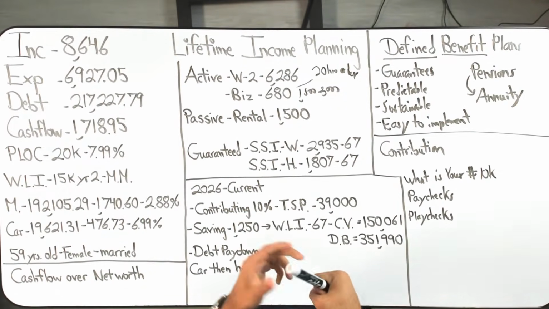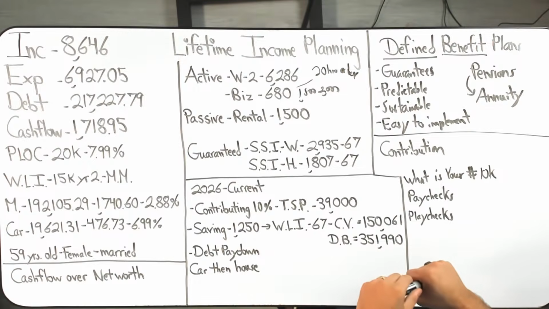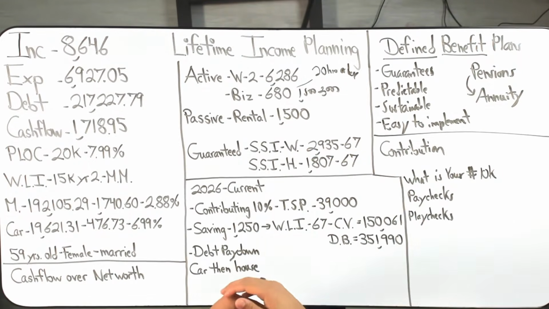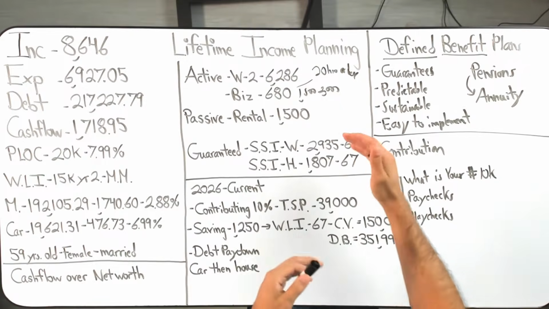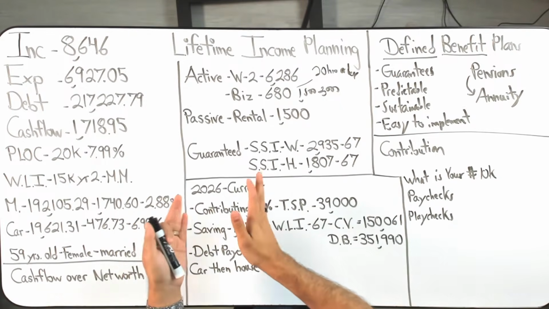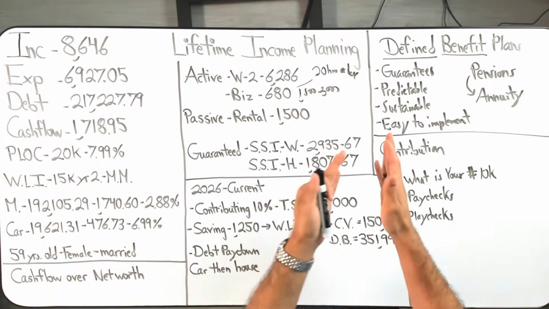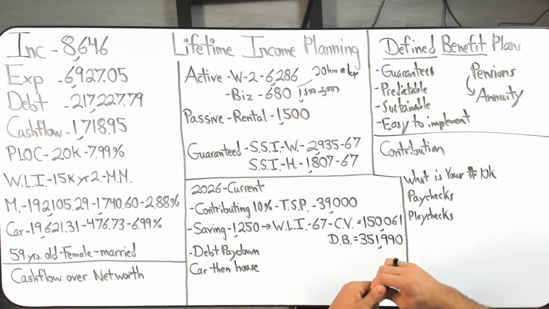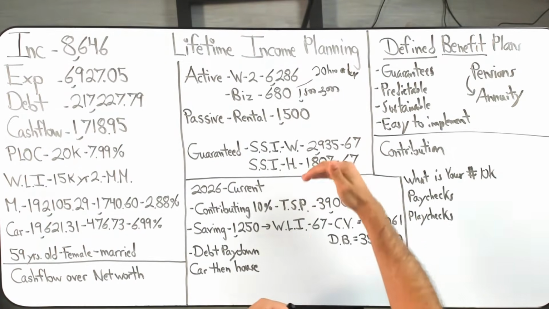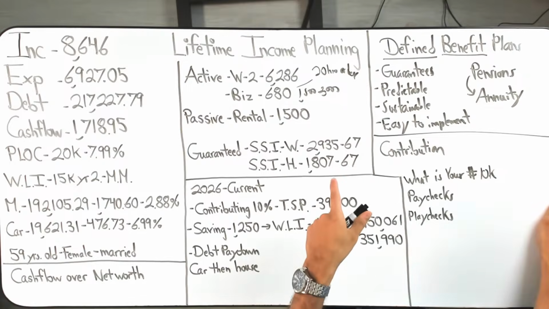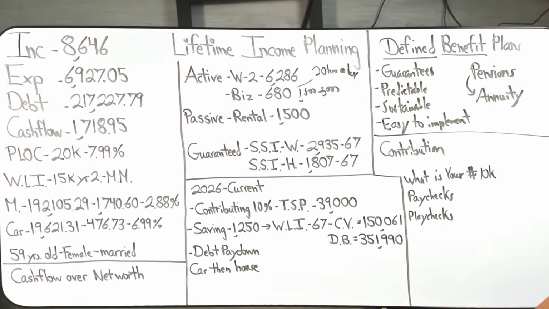About $1,500, maybe $2,000 in the business. She's got the real estate that'll continue to rise. That's $1,500. By the time I turn 67, if we wait till 67 to activate Social Security, between her and her husband, we'll have $2,935 and $1,807.